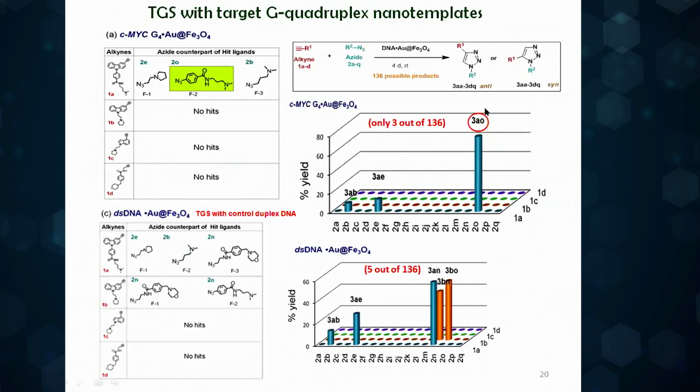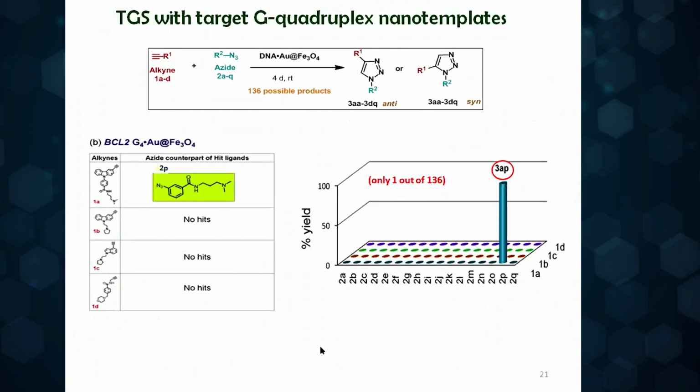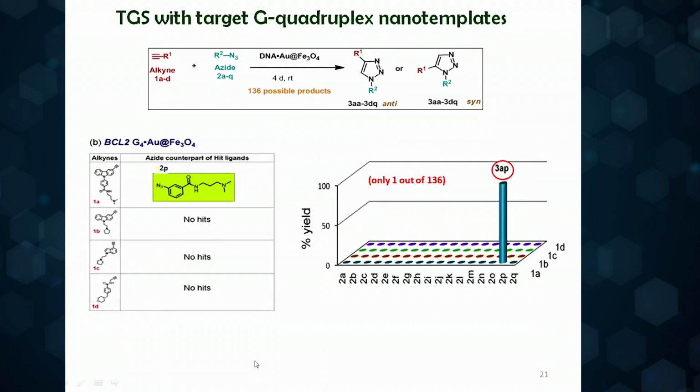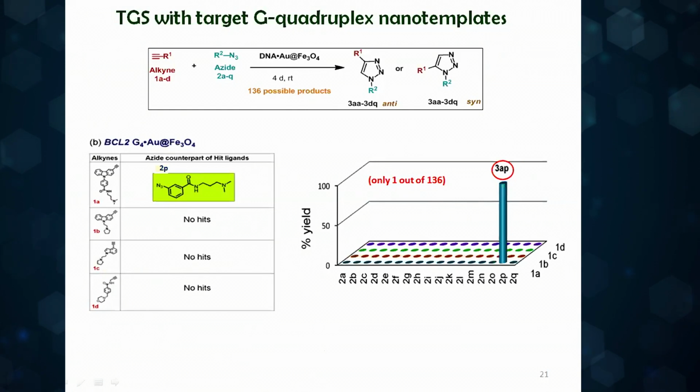The lead compound 3AO, which is derived from alkyne 1A and azide 2O, was selected for the c-MYC quadruplex, as the other 2 lead compounds were also obtained with the control duplex DNA nanotemplate. The BCL2 quadruplex produced a single lead compound, 3AP, which is derived from alkyne 1A and azide 2B.